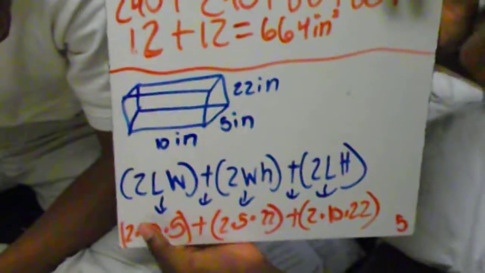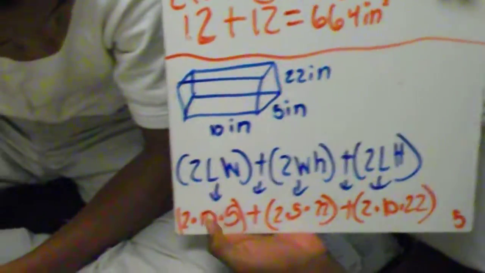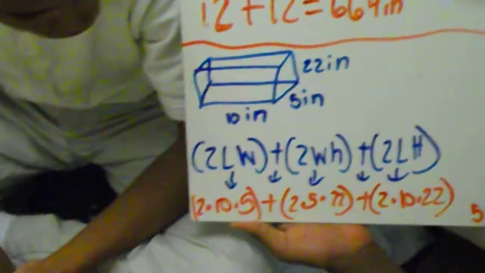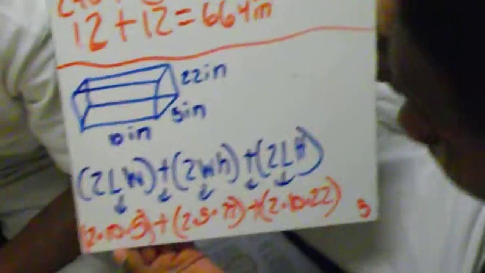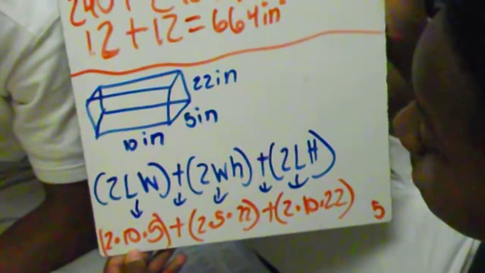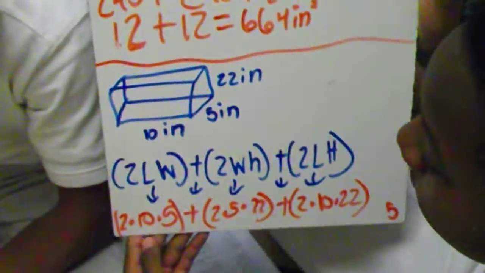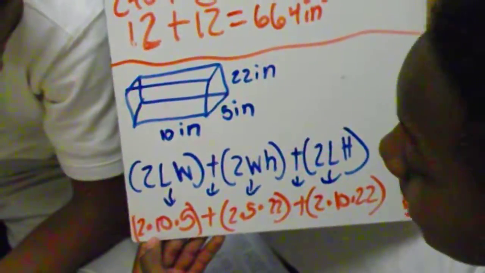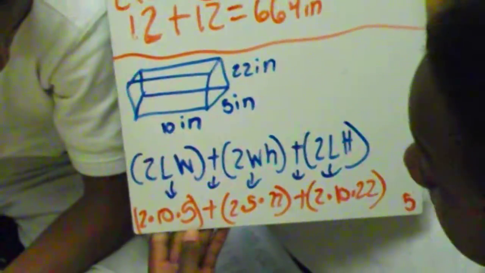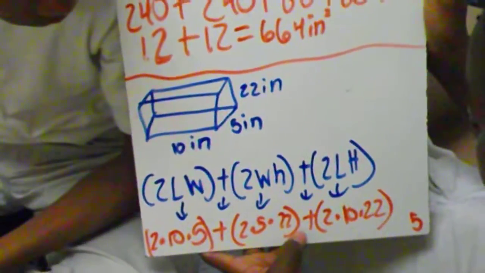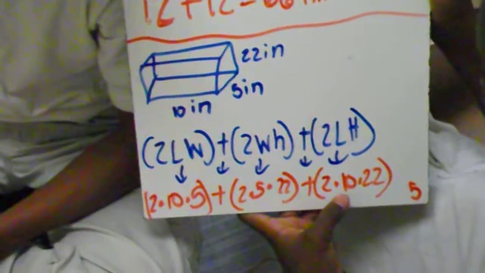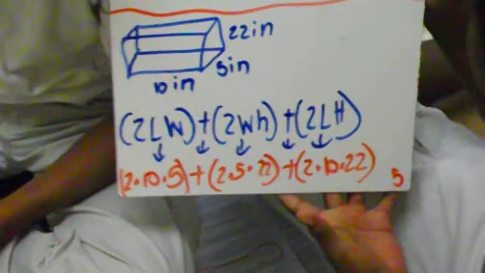So you transform it into the formula, which is 2 times length times width plus 2 times width times height plus 2 times length times height. The formula will be 2 times 10 times 5 plus 2 times 5 times 22 plus 2 times 10 times 22.